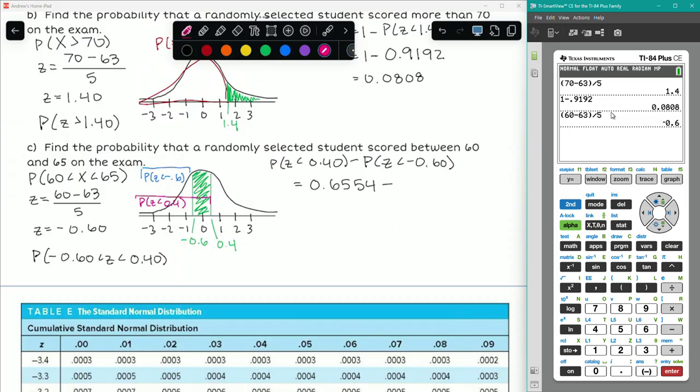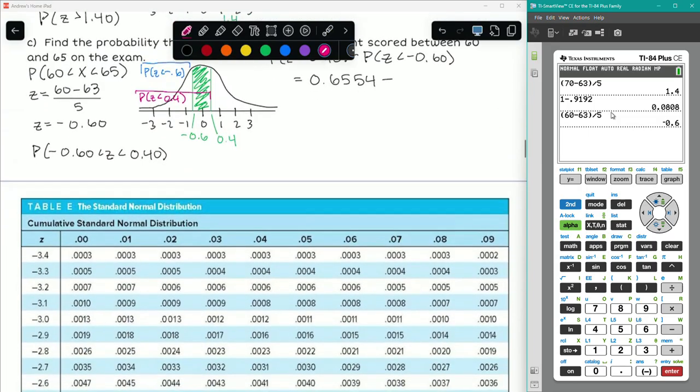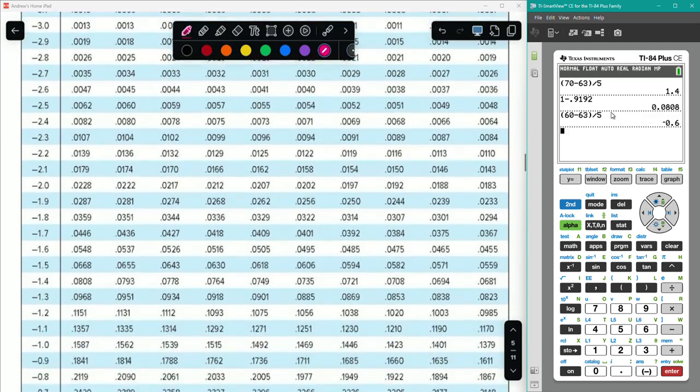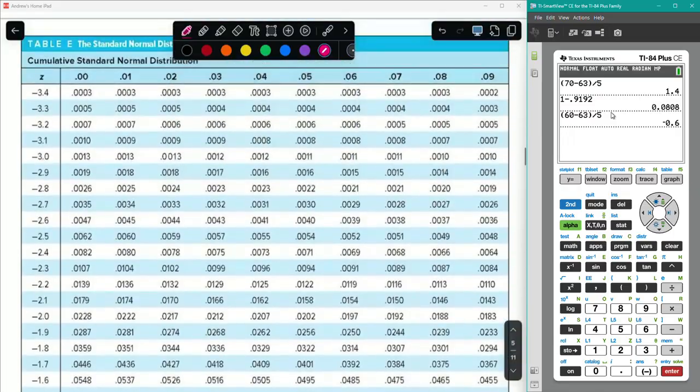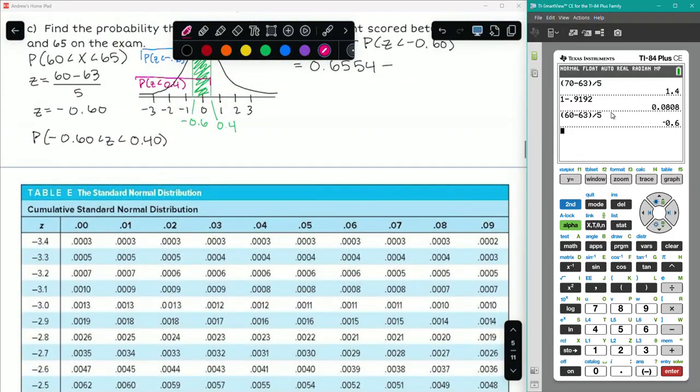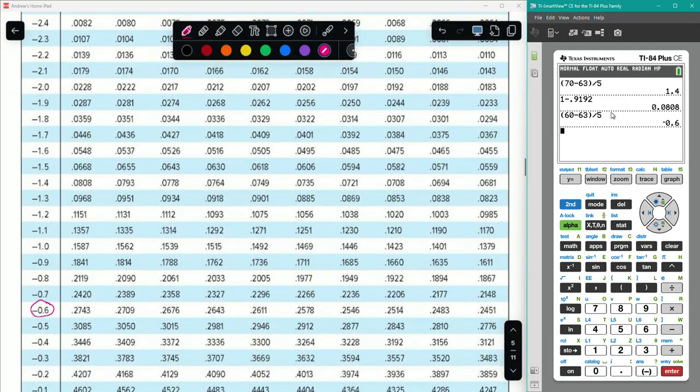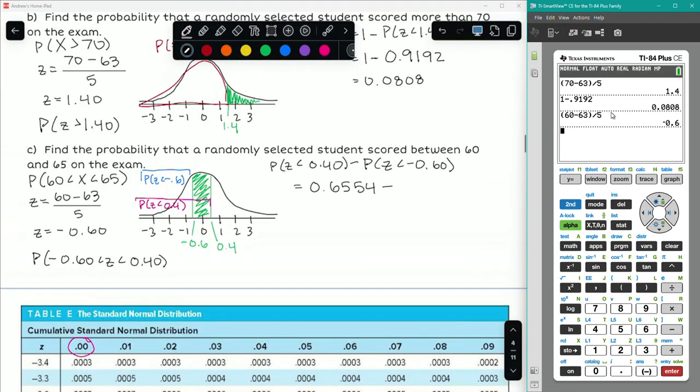And then we're going to go ahead and look for negative 0.60. So negative 0.6. And then I want the 0 column, which is this first column. So I know that I should be down here at 0.2743.